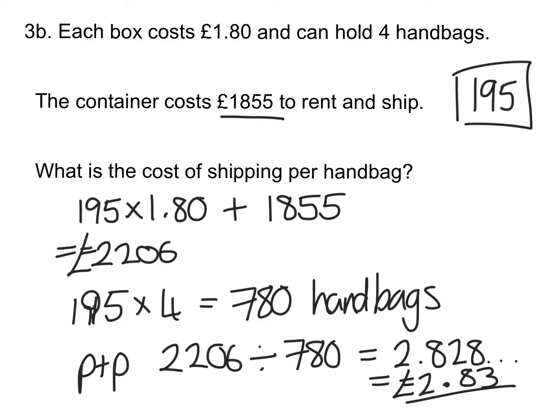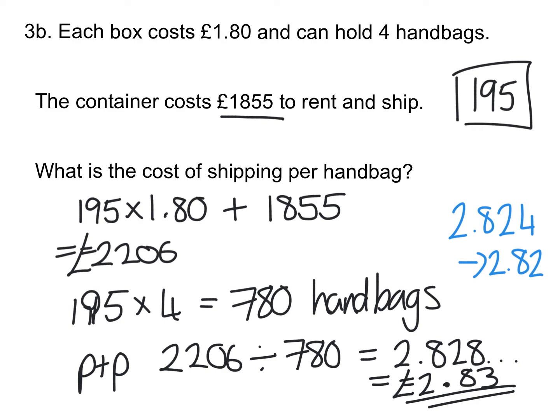But just while I'm here, just in case this ever happens, if this was a different number, so let's pretend for a second I had £2.824 there. You would round that down to £2.82. But if this business charged £2.82 per box, they wouldn't be making their full £2,206 back. They'd be a bit short.